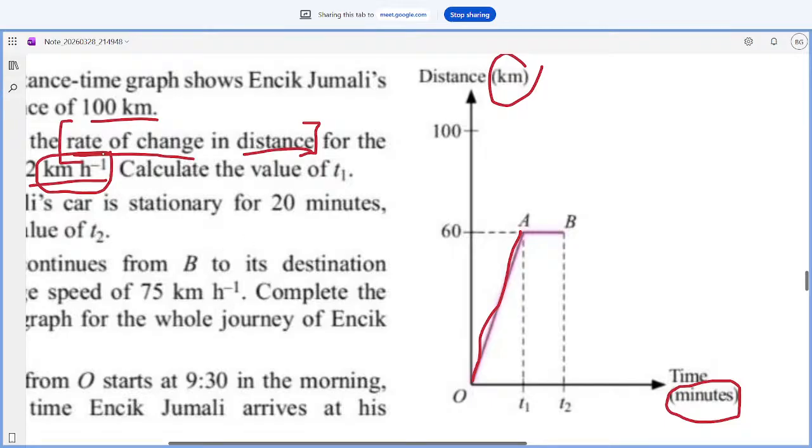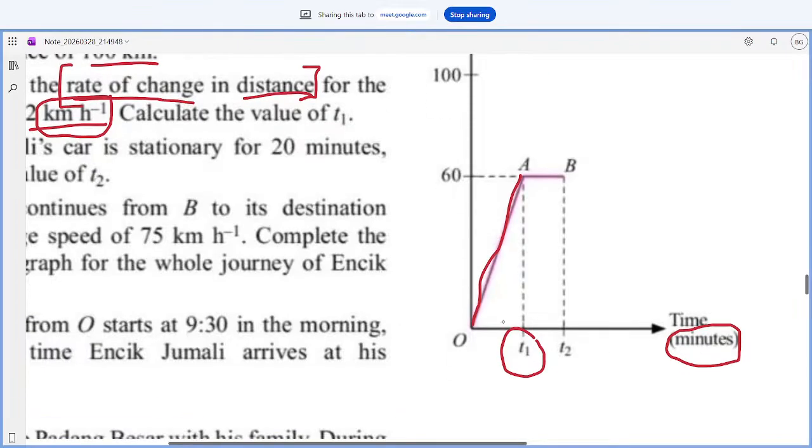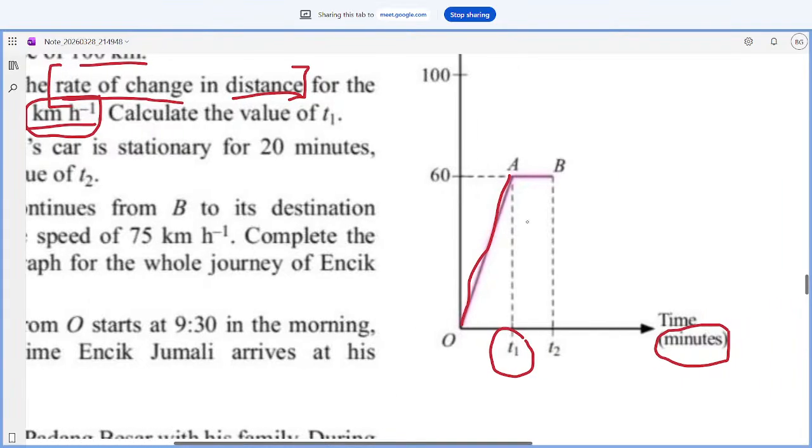So you need to convert. Convert which one? You guys can convert this one lah. Minute to hour, how to convert? Yeah, you must divide by 60. Minit kepada jam bagi 60. So means that 72, the speed, equals distance 60 over your time.